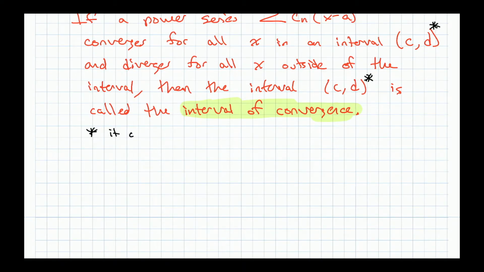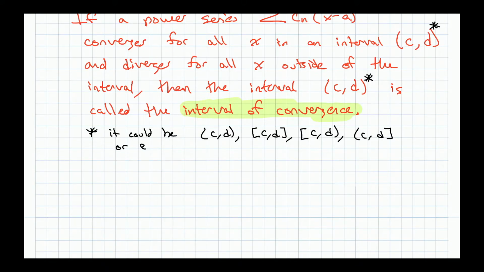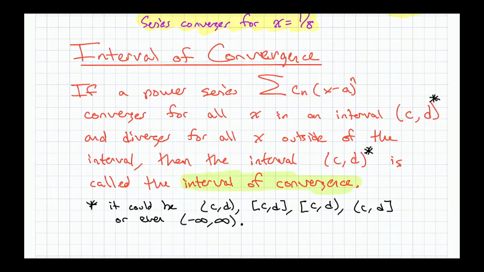It could be open or closed at either end, or it even could be negative infinity to infinity. So it just can be any kind of interval. I didn't want to have to write that in the middle of the definition, so whatever kind of interval it is, that is an interval of convergence.